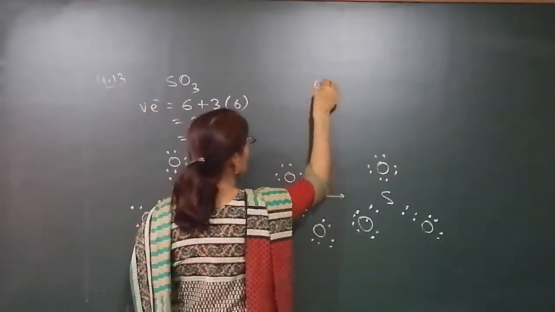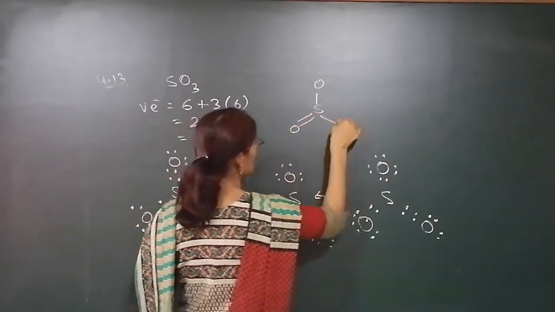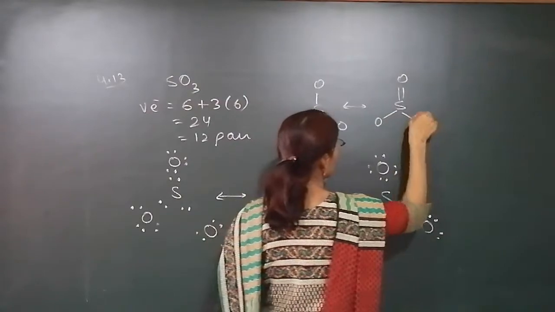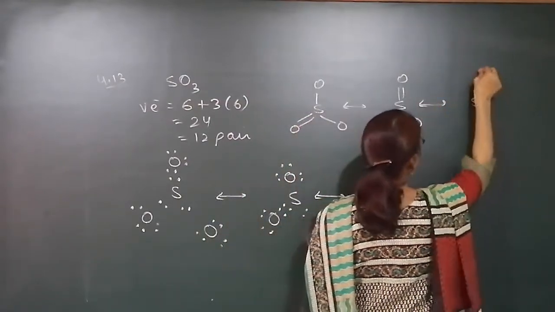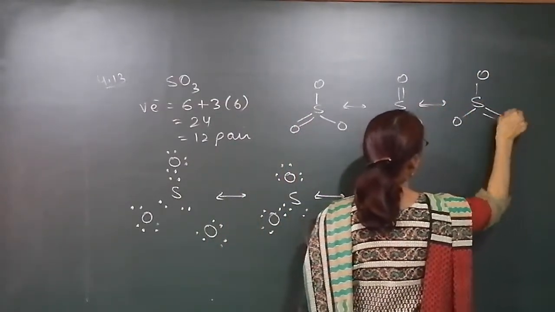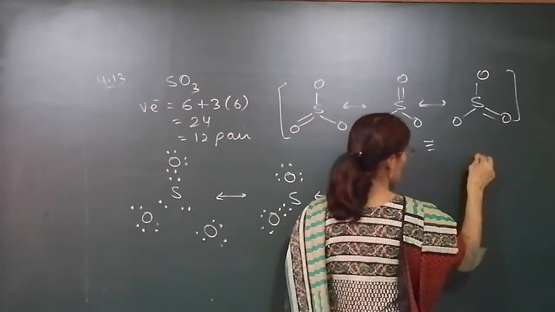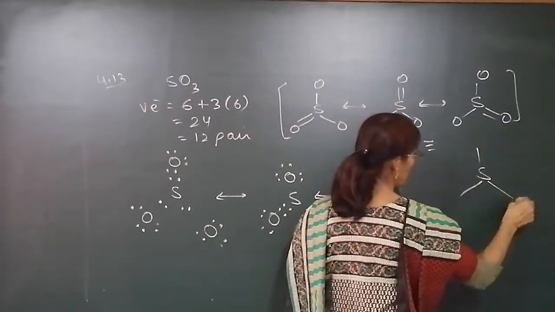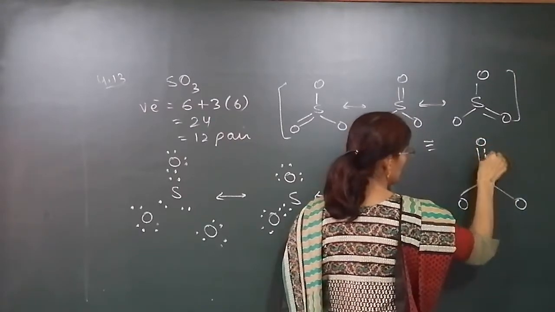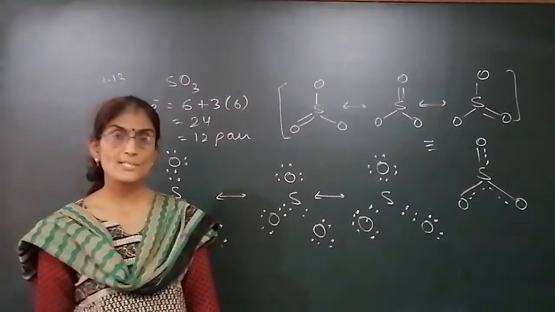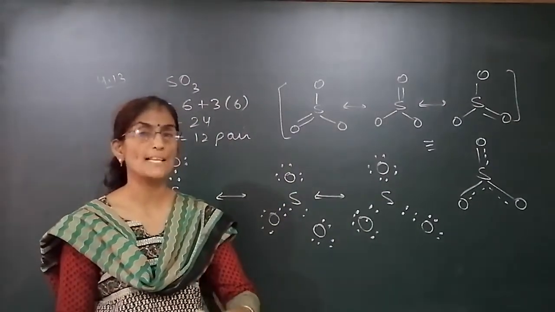First having a single bond, here a double bond. Second structure, double, two single. Third structure, single, single and double. These are the three resonating structures. What is its resonance hybrid? Partial double bond character with all the three oxygen atoms. So these are the different resonance structures of SO3.